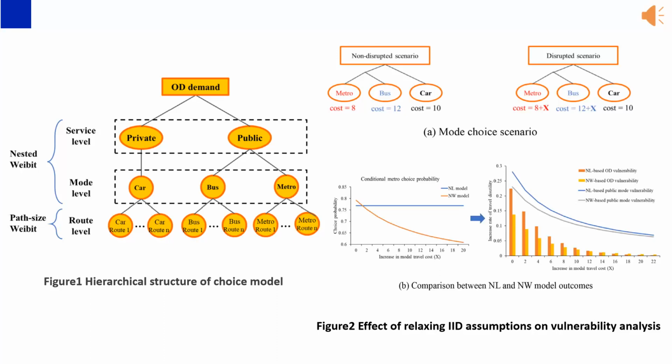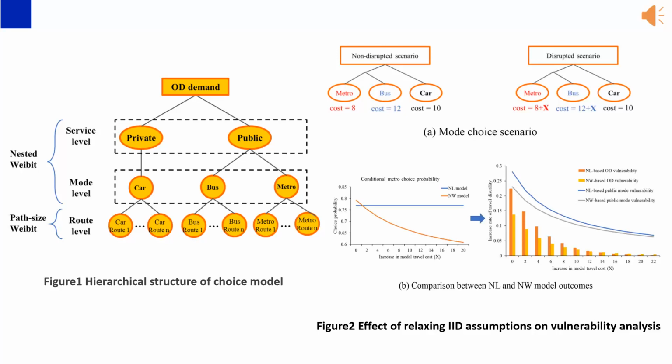The NW model further relaxes the identically distributed assumption and allows mode-specific perception variances and heterogeneous sensitivity among modes belonging to the same service. The effect of relaxing both IID assumptions on vulnerability analysis is demonstrated in Figure 2 by comparing the NL model and the NW model in the context of mode choice.